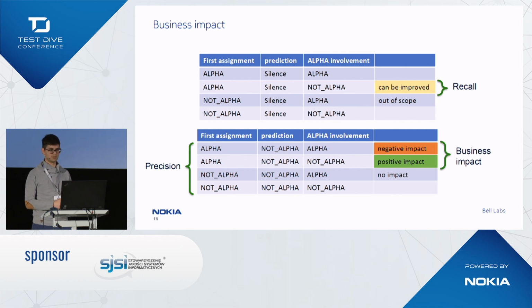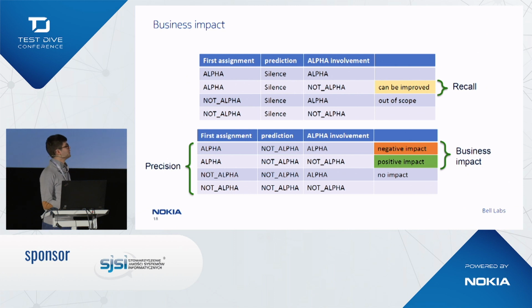It is sometimes silent, because when the model predicts it's an alpha-related ticket, or it's not an alpha-related ticket but with not high enough confidence, then it becomes silent and doesn't say anything. Here, the second row is most important, because it's actually the problem we would like to solve: the first assignment is alpha, but alpha wasn't involved in corrections of those tickets. So yeah, this is the problem we would like to solve.